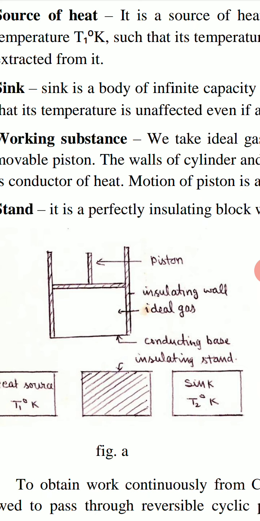Heat can enter inside the cylinder through this conducting base, and ideal gas is filled inside this cylinder, which works as working substance. So working substance is ideal gas filled inside a cylindrical vessel in which there is a movable piston.